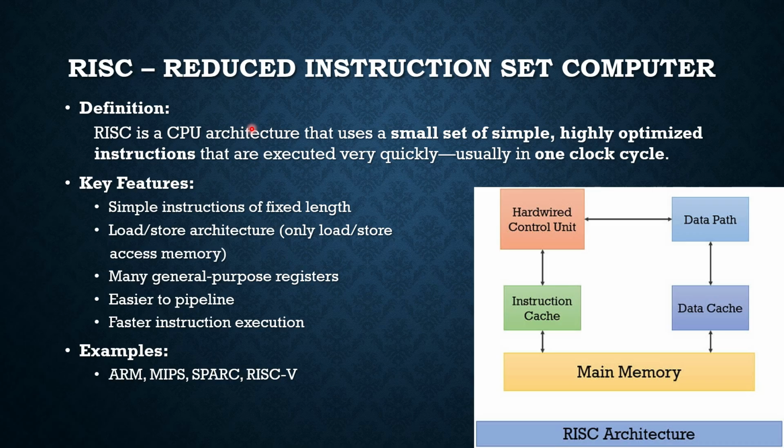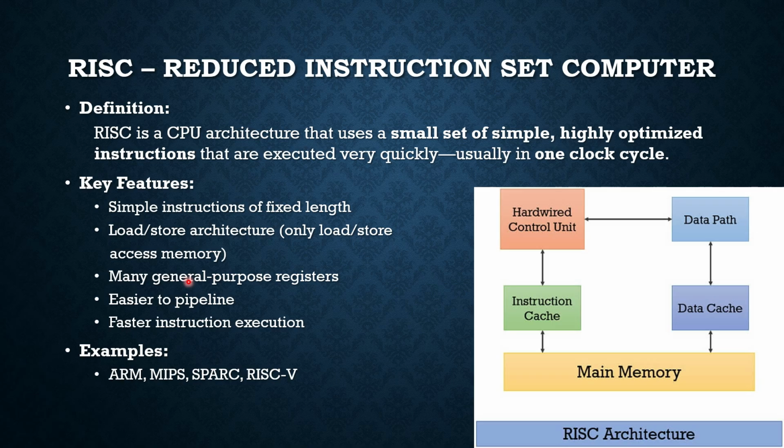And the key features include, as I already mentioned, instructions are simple, so they are of fixed length. It is a load/store architecture, where only load or store accesses memory. Many general purpose registers are there in a RISC processor.